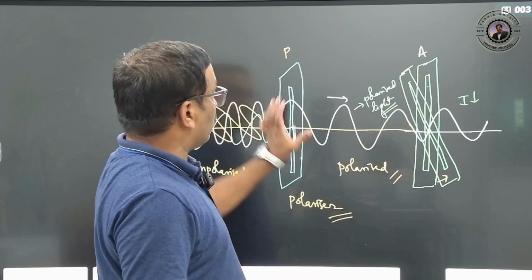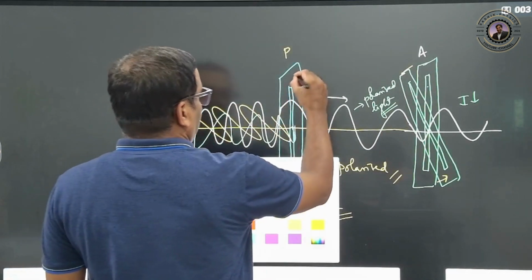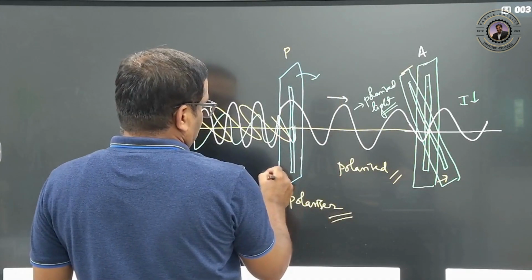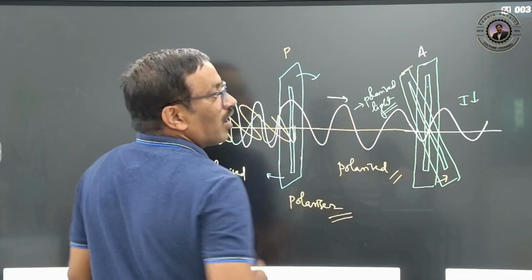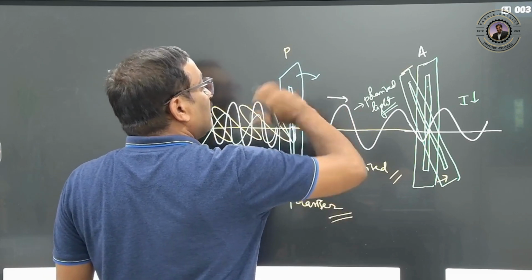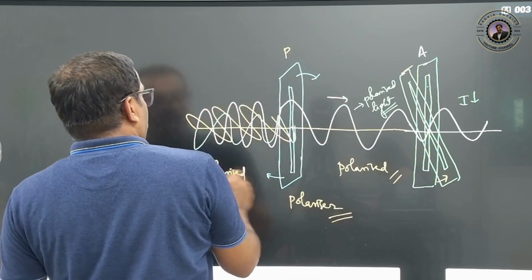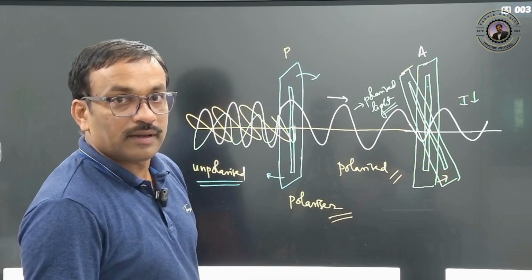Suppose here you are rotating, and due to this rotation the intensity does not change. So if you are rotating the polarizer and the intensity coming out is not changing, that is said to be unpolarized light.